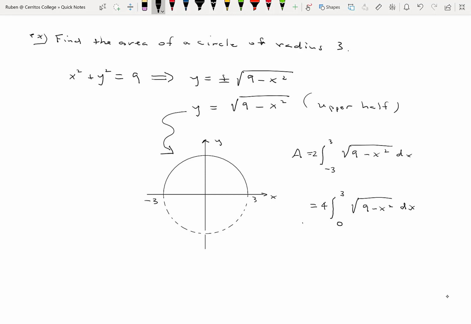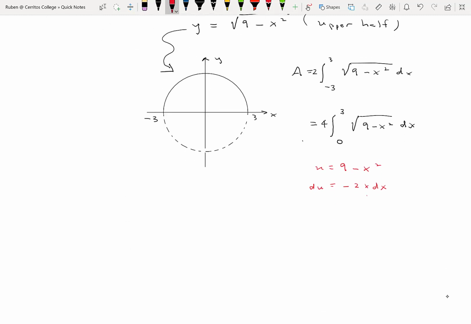If we made the substitution u equals 9 minus x squared, then du would be negative 2x dx, and that x is a major problem. This is a major problem with the u substitution. So essentially, it's so much of a problem that we can't use u substitution the way we know it to solve this problem.